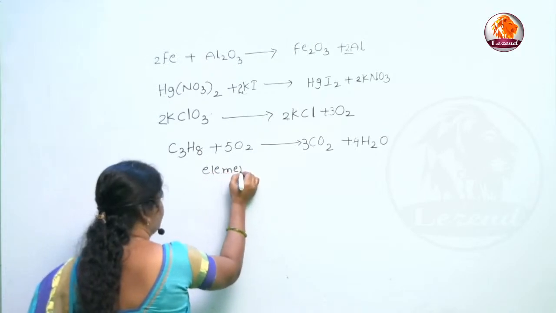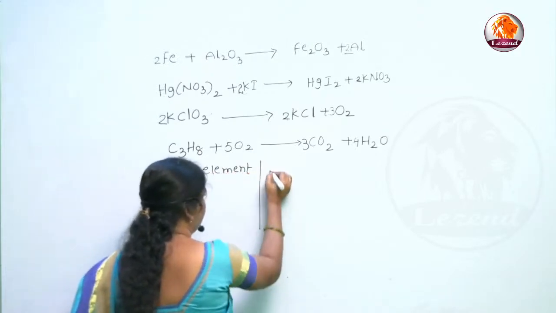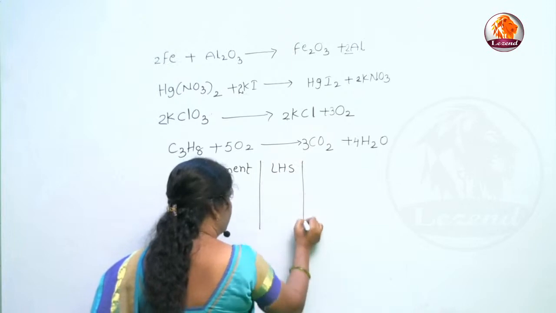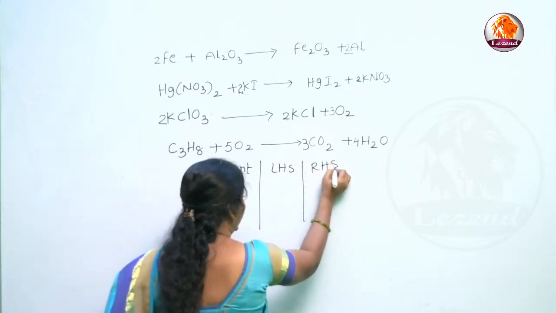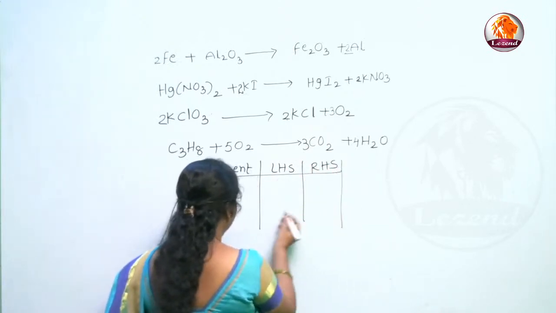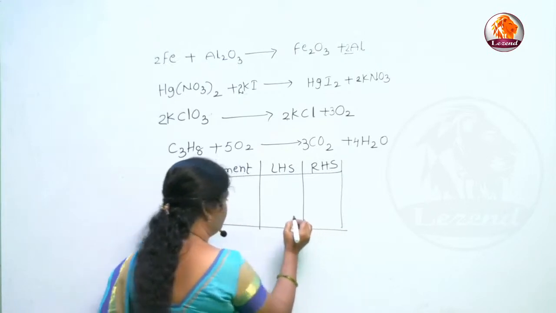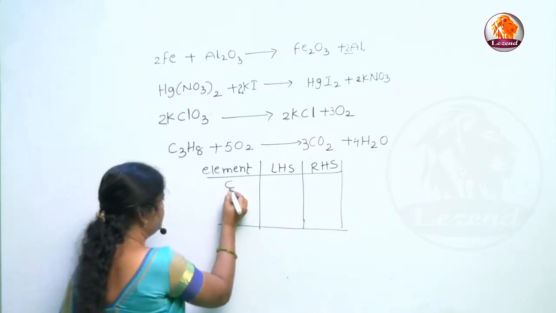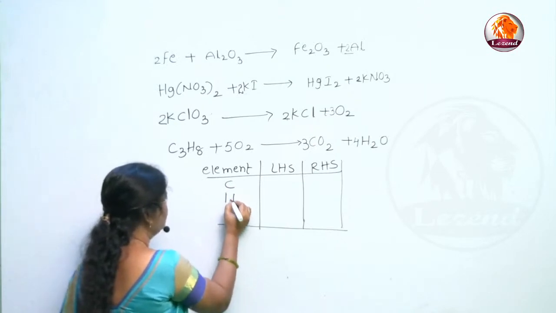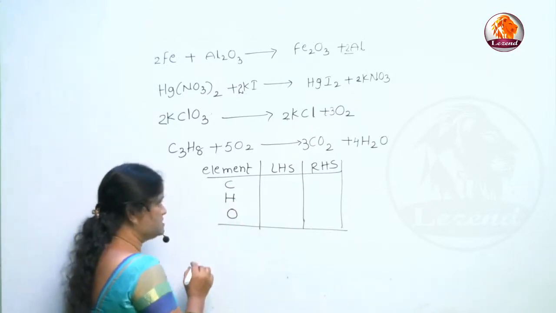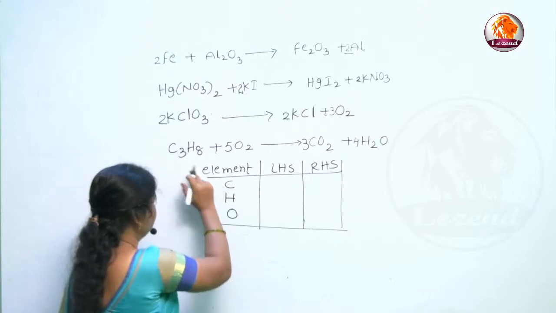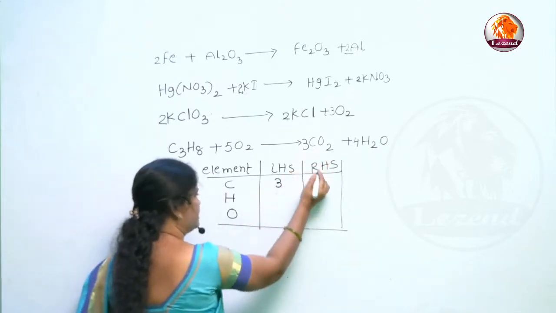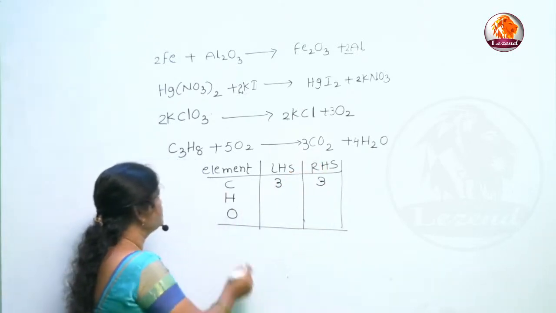We have to verify whether the given chemical equation is balanced, and whether the atoms of each element are balanced. While verifying with this table we can confirm the given chemical equation has become balanced. What are the elements involved here? Carbon, hydrogen and oxygen. Carbon: on the left side we have 3 atoms, on the right side also 3 atoms.